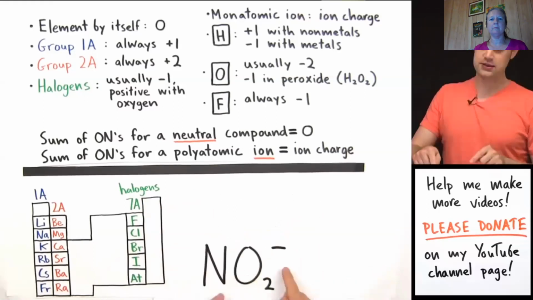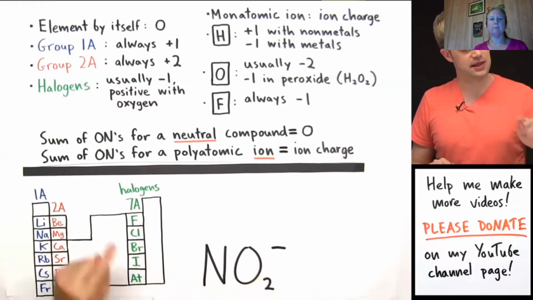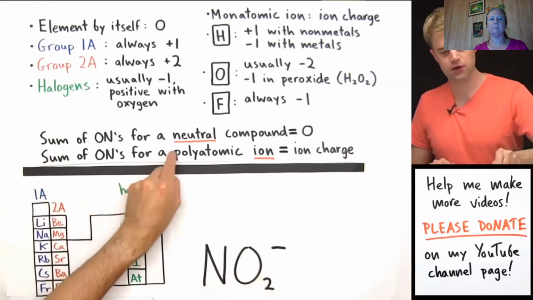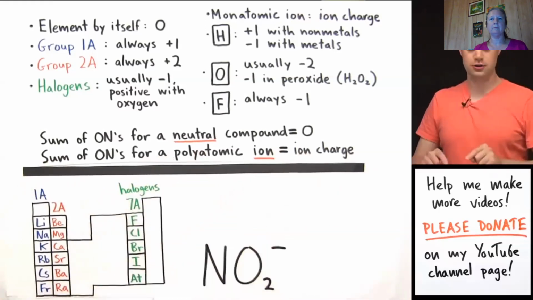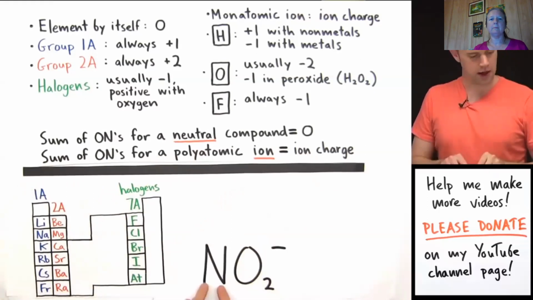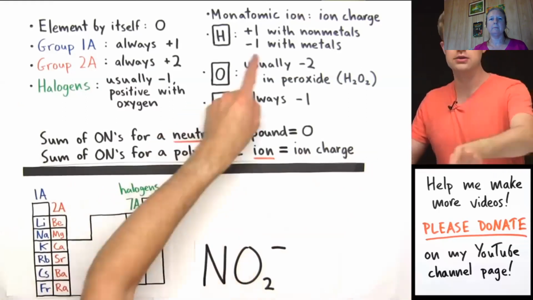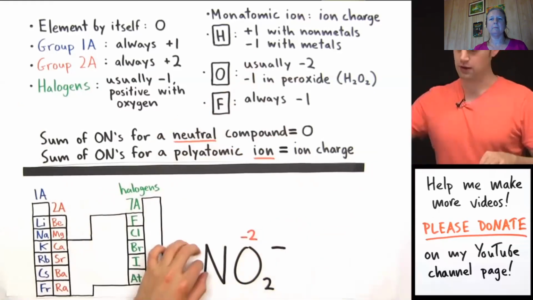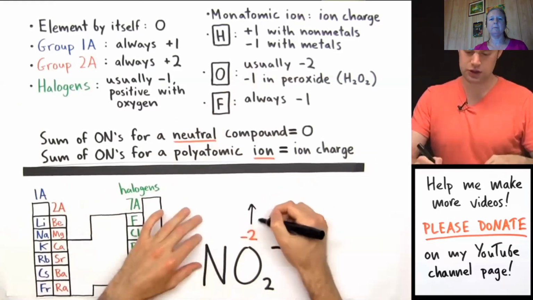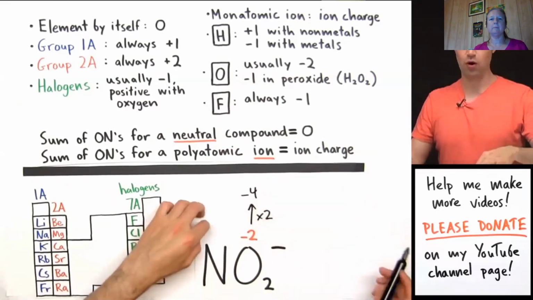NO2 1-, check this out, it is an ion. So this is going to be a little bit different. In this case, the sum of oxidation numbers for a polyatomic ion equals the ion charge. So let's see how we'll use that here. Nitrogen, we don't know what its oxidation number is going to be, but oxygen here is usually -2. So we have -2 here, but we have 2 oxygens. So -2 times 2 is going to give us -4 altogether.